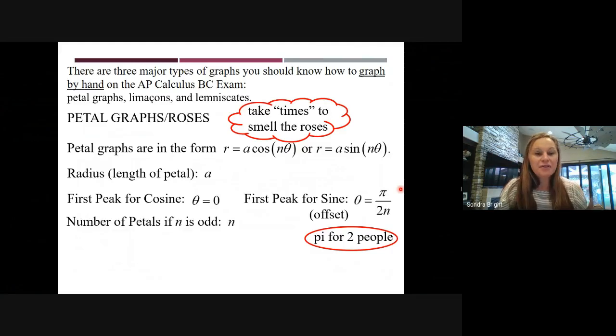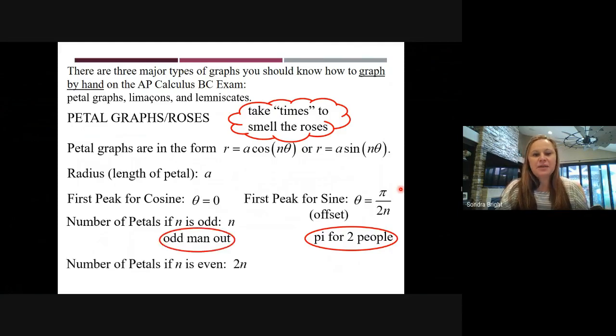The number of petals depends on if n is odd or even. If n is odd, then there's just n number of petals. You can remember it by odd man out, all by himself. The number of petals, if n is even, is 2 times n.